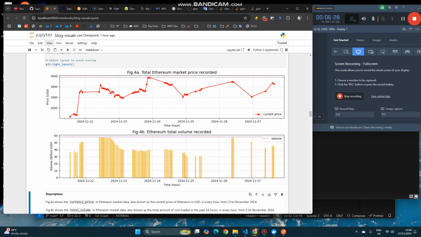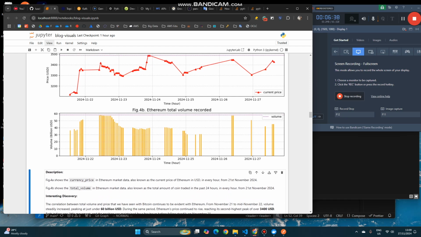The first plot is about the price of the Ethereum every hour from 21st November, and the second plot is about the volume of the Ethereum from 21st November as well.